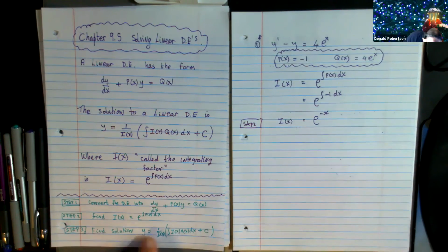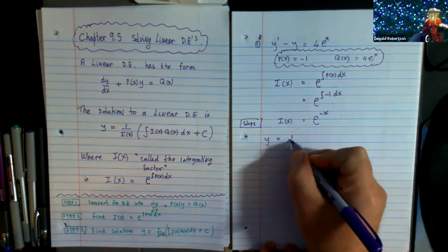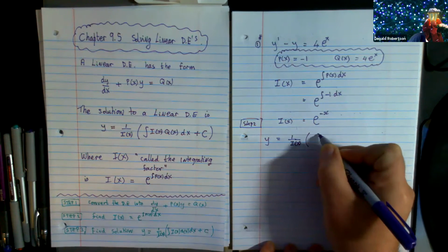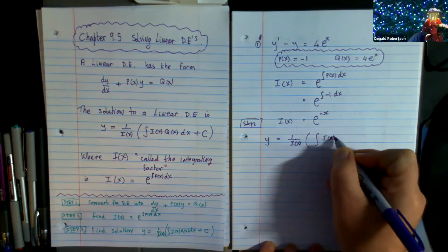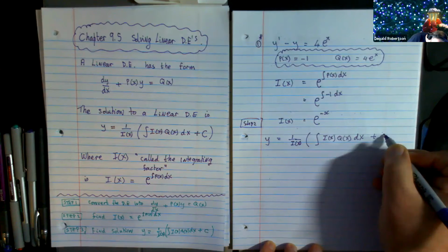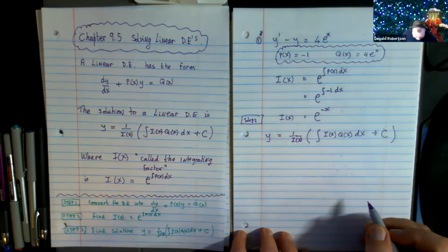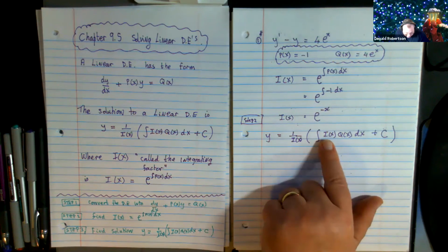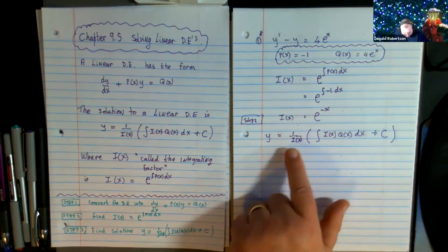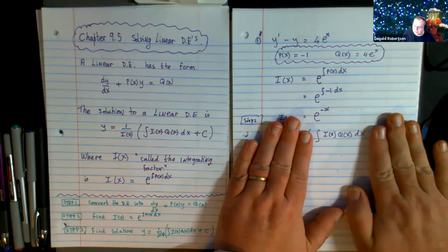So let's get the solution. Well, the solution is y equals 1 over the integrating factor times the integral of the integrating factor qx dx plus C. Now, it depends on how complicated this is, whether I will do this in one go, in other words, just plug all the pieces in and solve it, or whether I take this little bit out and do it as a separate piece of work.